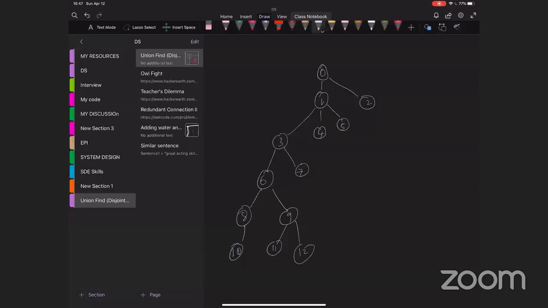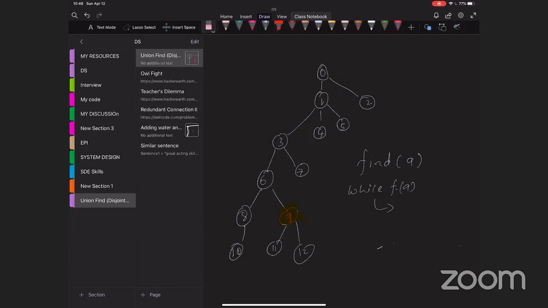All right. Now let's say I want to do find of 9. When I do find of 9, we run a while loop. 9's parent is 6, because its index is not the same. So we want to do the find of 9, and it should return 0.